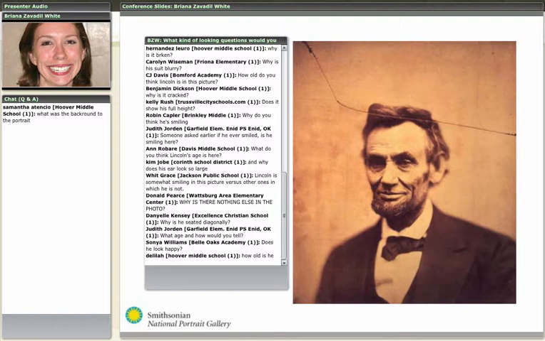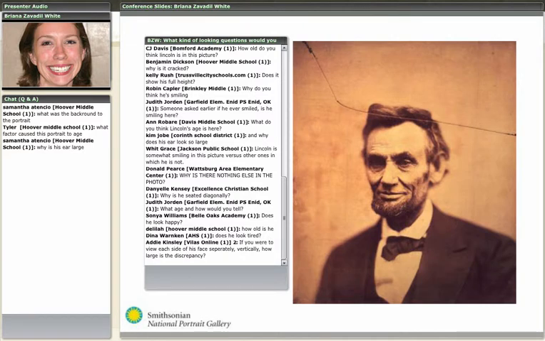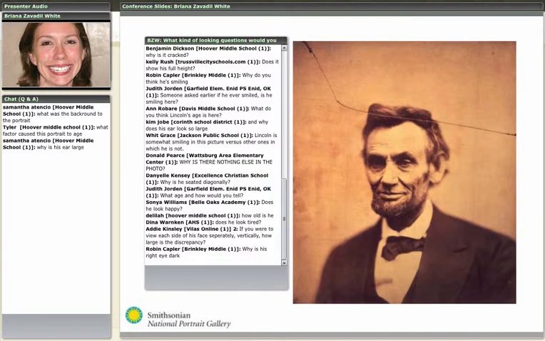This is another great one. Why is there nothing else in this photo? I think that's a fantastic question, again, because a lot of the other images that we've seen of Lincoln, there is some sort of background, whether it's, you know, Lincoln sitting next to a table with the quill and the inkwell, or Lincoln standing next to a book.